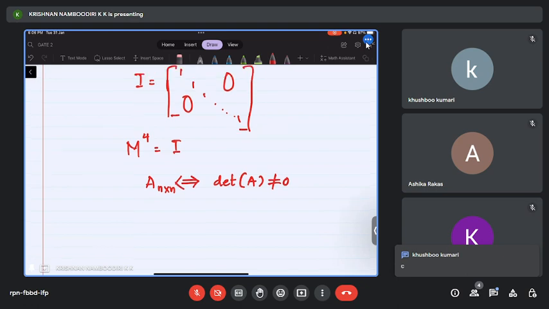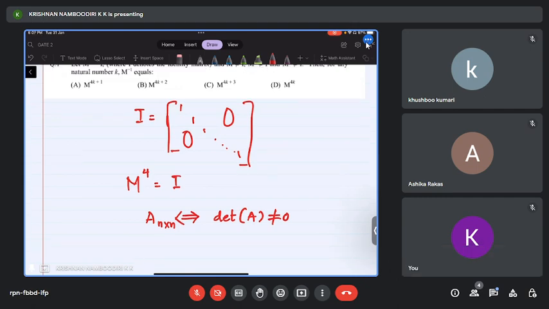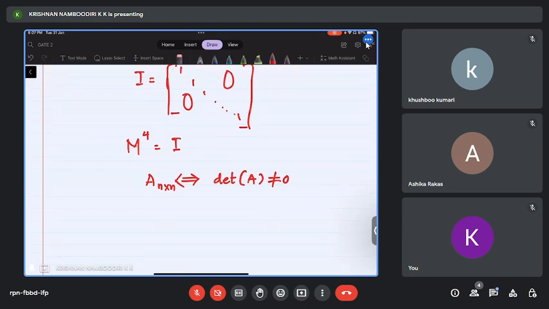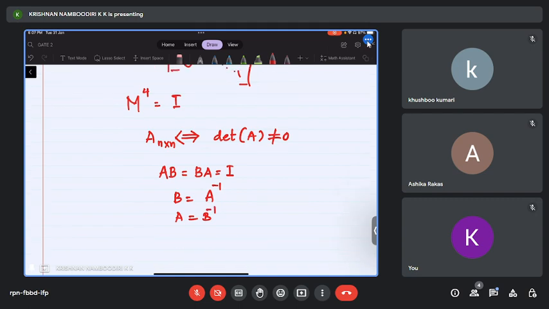Yeah, the answer that you have typed in the chat window is correct. Anyway, I will explain this very quickly. Suppose A is an n by n matrix which is invertible, we assume that. Then if I can find a matrix B such that A into B equal to B into A equal to I, then B is the inverse of A, or A is the inverse of B. So this is the definition of inverse of a matrix.